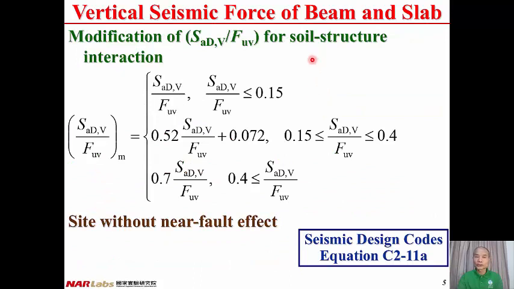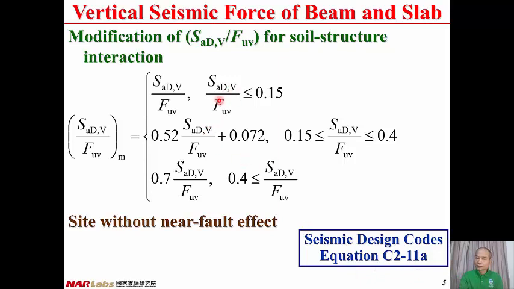And due to soil structure interaction, the ratio between SADV and FUV is modified. If the site is far away from the fault, and is therefore designed without consideration of the near-fault effect, the modification can be determined by Seismic Design Code Equation C2-11A.